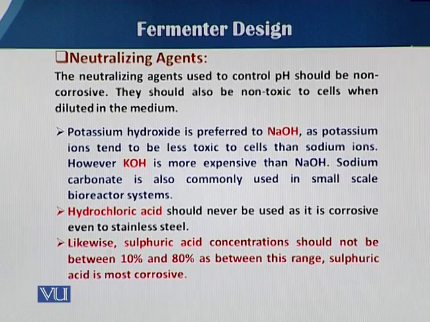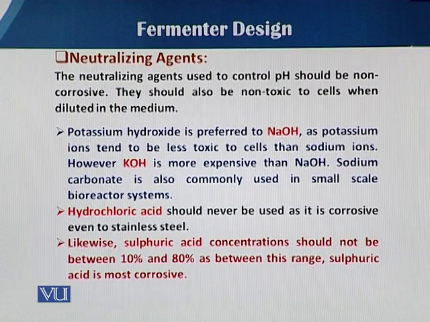The neutralizing agent used to control the pH should be non-corrosive. In case of hydrochloric acid, if the vessel is stainless steel, we cannot use any chlorinated compound, or those compounds which have chloride in them.